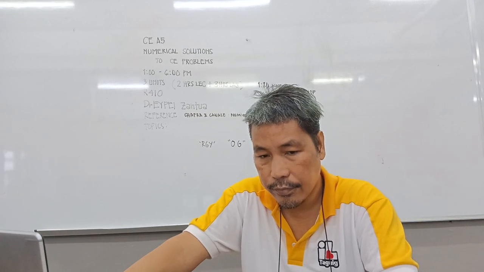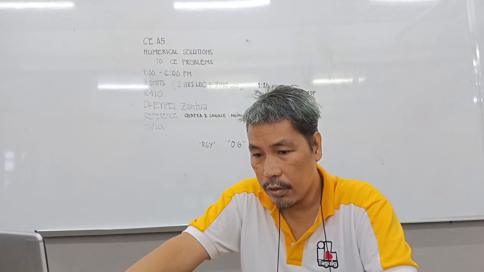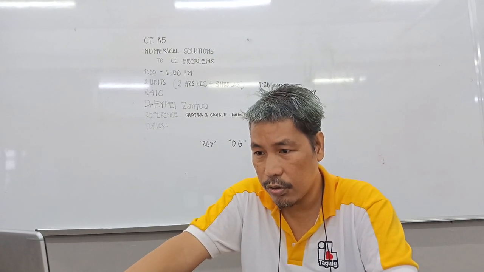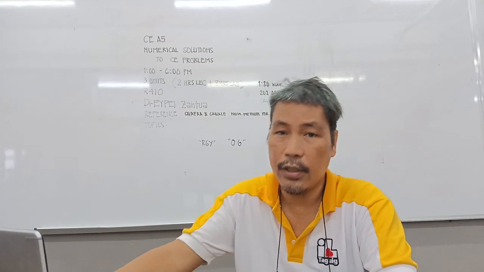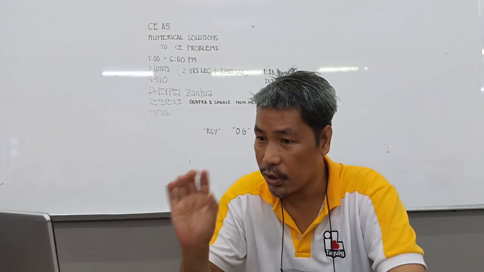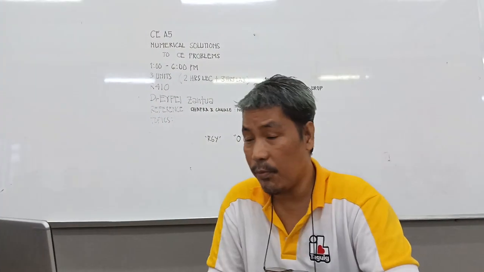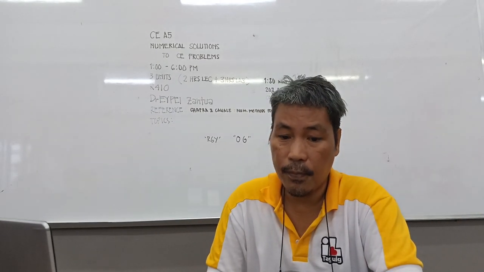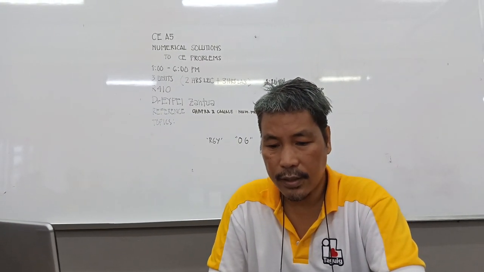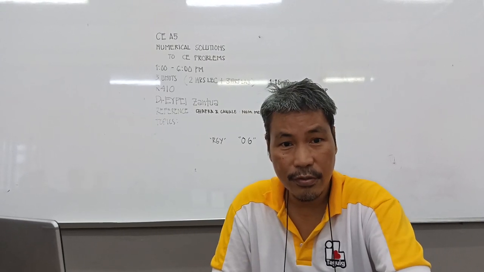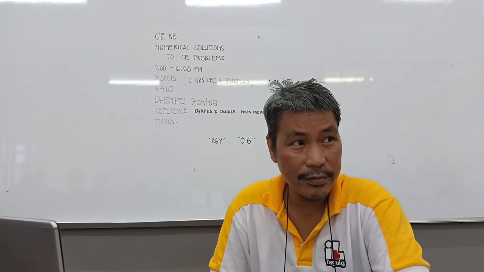Also, you are expected to be able to use computer software. Instead of software like MS Office, actually you can use MS Office. We have a software that we call Excel. Excel can be used as a calculator.